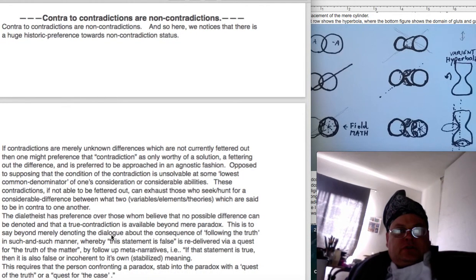Contra to contradictions are non-contradictions. Here we notice that there is a huge historic preference towards non-contradiction status.